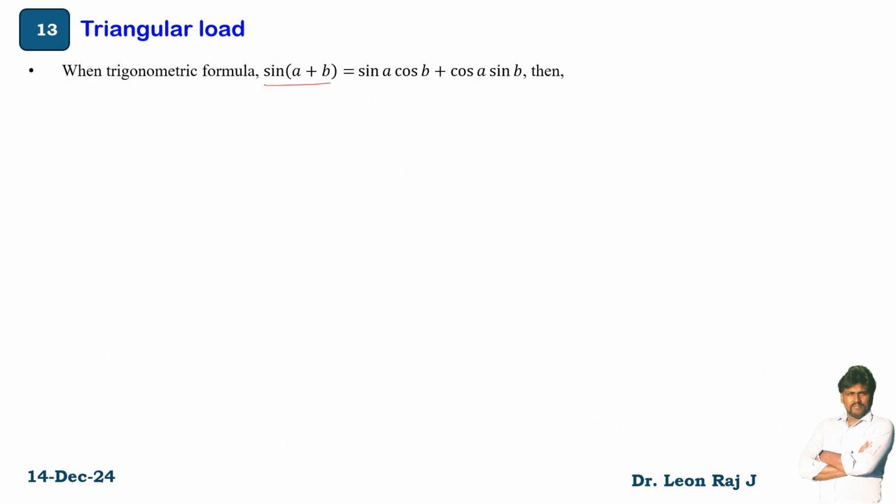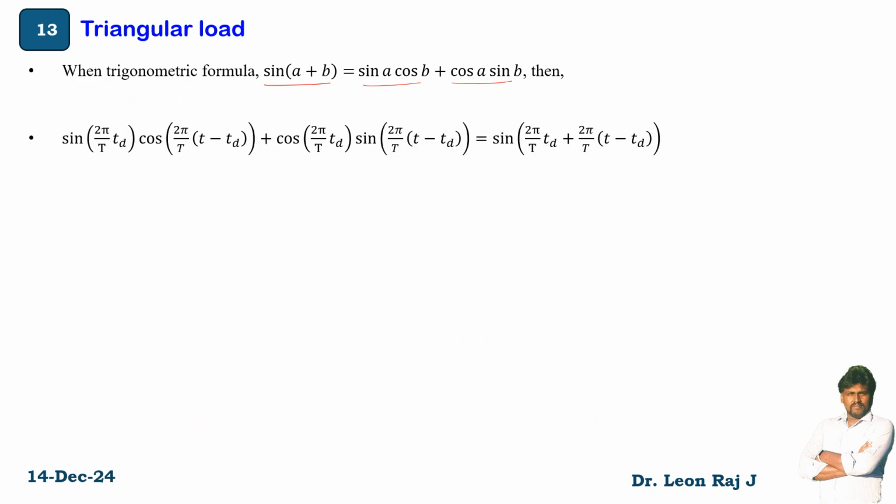So using sin a plus b, sin a cos b plus cos a sin b, this one term, term 1, is simplified as follows. A plus b, this is your a and this is your b. So your a plus b is nothing but 2 pi divided by T into td plus 2 pi divided by T into t minus td.